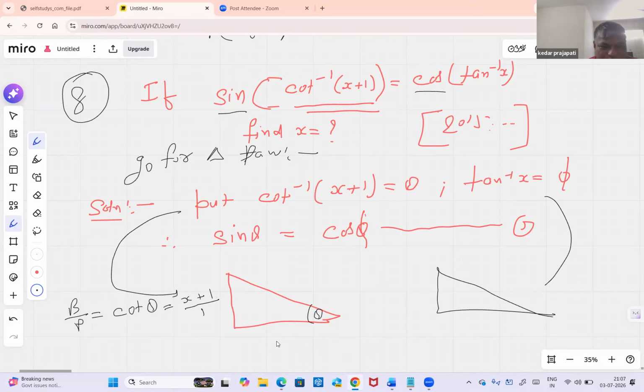So base value is x plus 1 and perpendicular is 1. Then this is theta.